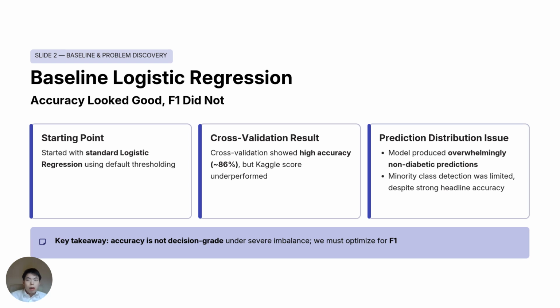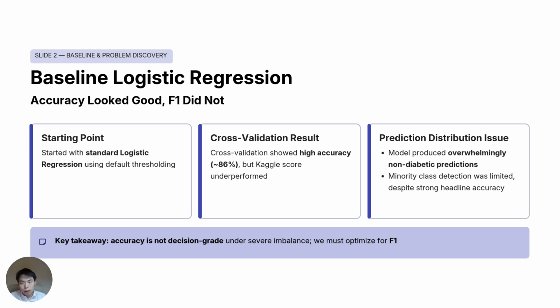And I started with the simplest baseline, logistic regression with default settings. When I ran the cross validation, accuracy looked high, around the mid 80s, and at first glance that felt promising. But the score was much lower than I expected on Kaggle, so I checked what the model was actually predicting.